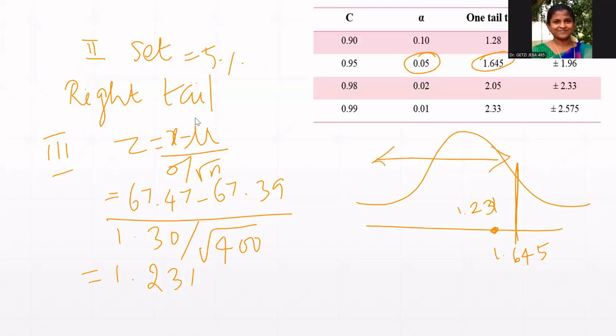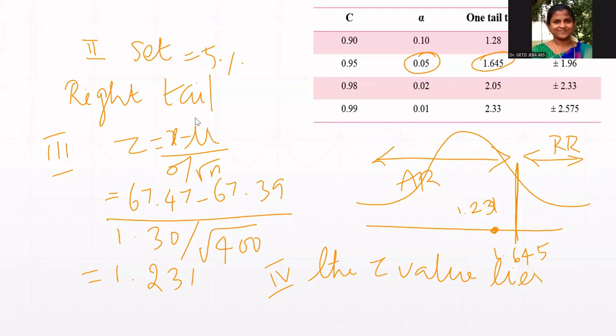In a right tail test, this is called the accepted region and this is called the rejected region. So it falls in the accepted region. The fourth step is to write whether I accept or reject it. You can say that the Z value lies in the accepted region, AR, so you are accepting the null hypothesis.